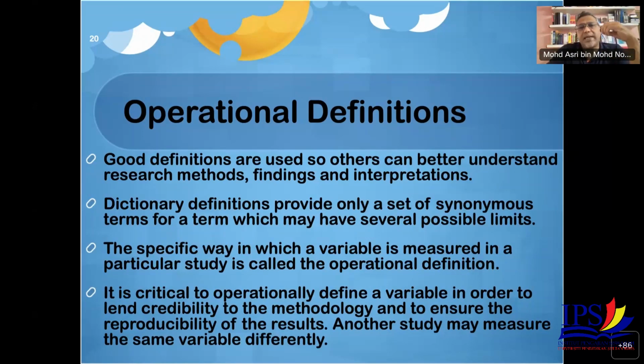It's called operational definition because you want to operationalize the terms that you use in your research. Remember, it's not a dictionary definition. It's referring to, for example, the variables that you have used in your research. These variables need to be defined because they may mean something different in your research compared to other research.